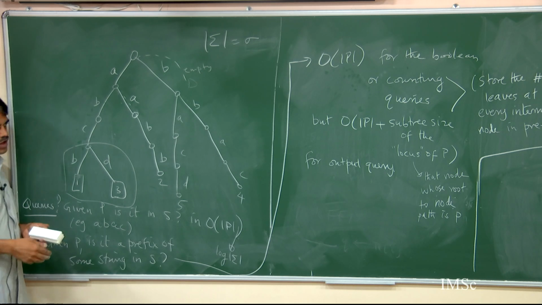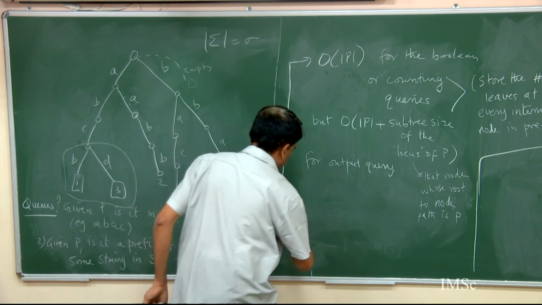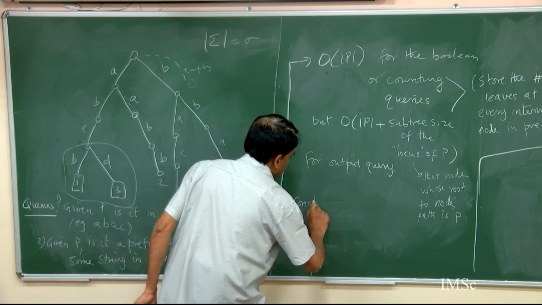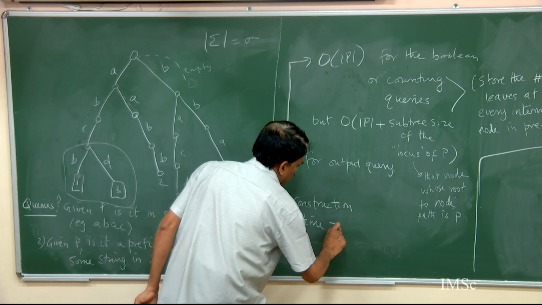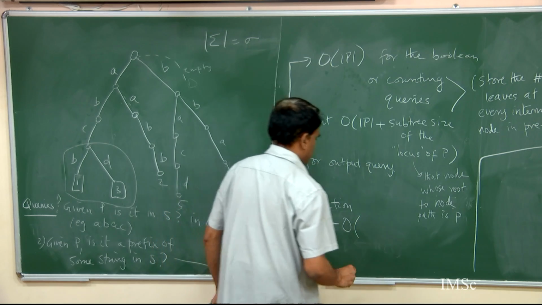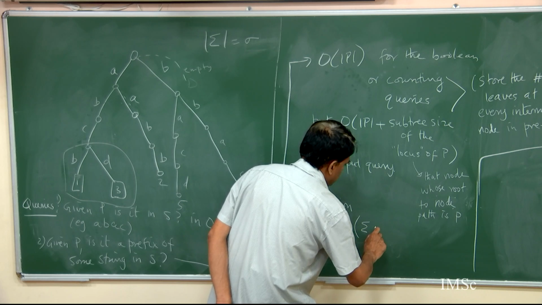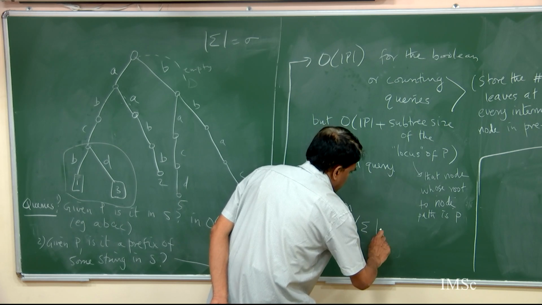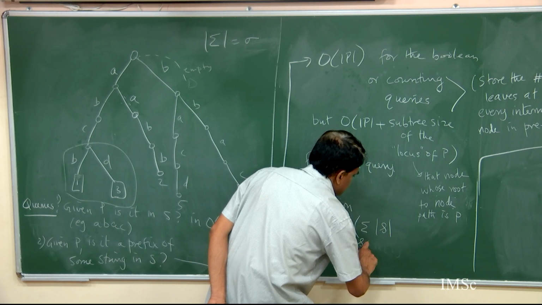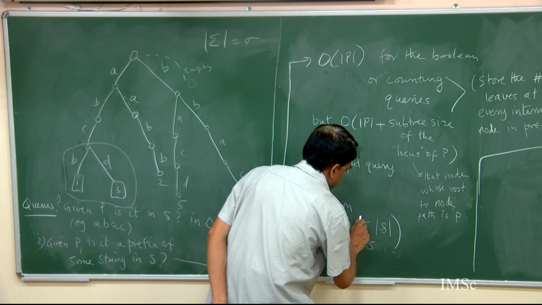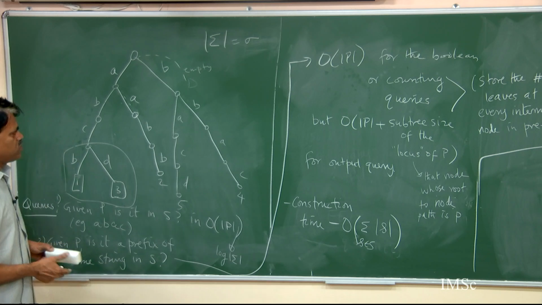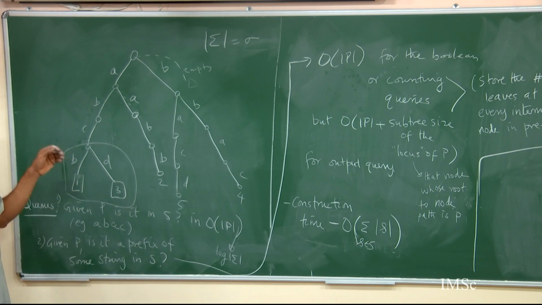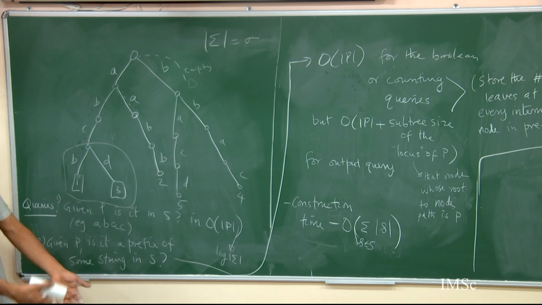So, overall construction time would be order of summation of length of the strings in the set. And this could also be, in the worst case, the number of nodes in the tree. Every time you might be just generating new nodes.